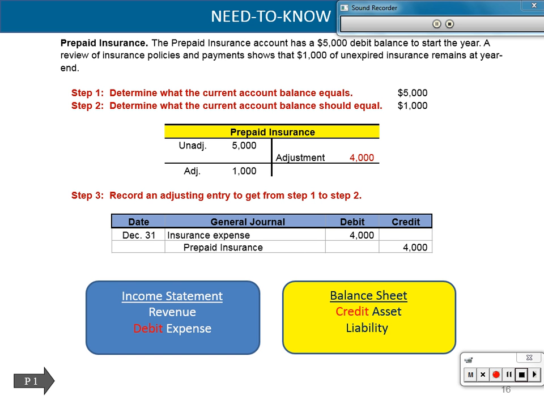When we do the general ledger, we don't have to worry about logging in that $1,000? No, you do have to get to the $1,000, in the T account, your ledger.